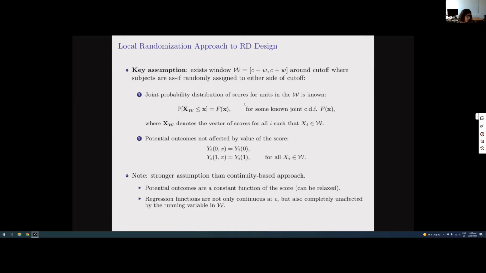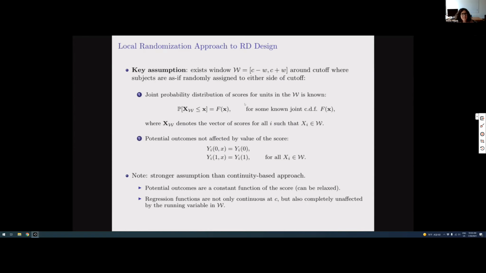If I go to a small window around the cutoff, C minus W to C plus W, where W is a little positive number, then such a window exists, and in that window, subjects are as if randomly assigned to either side of the cutoff, and therefore to the treatment. That is the intuitive assumption: there exists a window near the cutoff where this behaves as a randomized control trial.